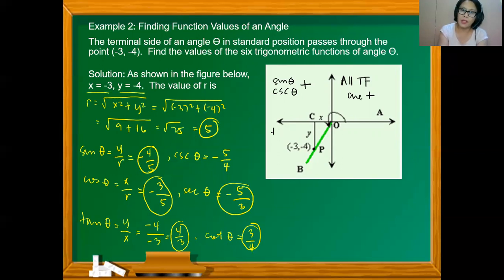If it lies on the third quadrant, tangent theta and cotangent theta are positive. The rest are negative. So in our second example, the terminal side lies on the third quadrant, and really, the values of tangent and cotangent theta are greater than 0 or positive. Now, lastly, if the terminal side lies on the fourth quadrant, cosine theta and secant theta would have a positive value. The rest will have a negative value.